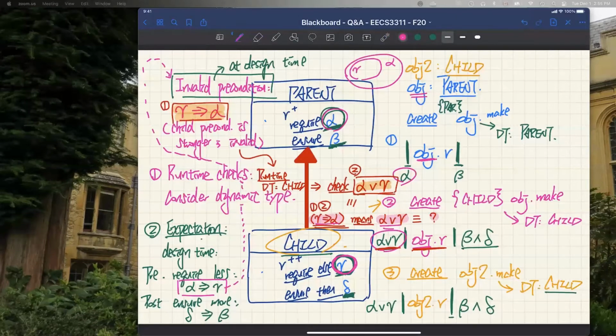It should be alpha. The reason is, when we say gamma implies alpha, gamma is like a subset of alpha for their satisfying value set. And then when you say I want to do a disjunction between alpha and gamma, I'm basically trying to union them together, right? So that would be alpha. So what's my point?